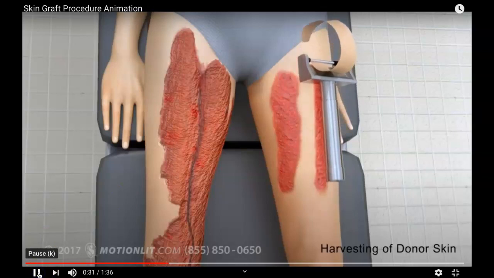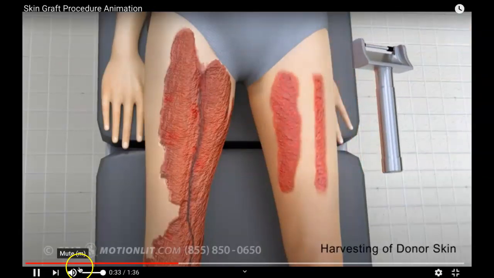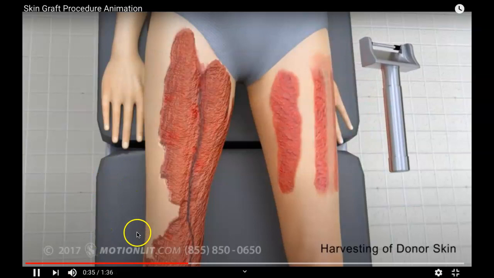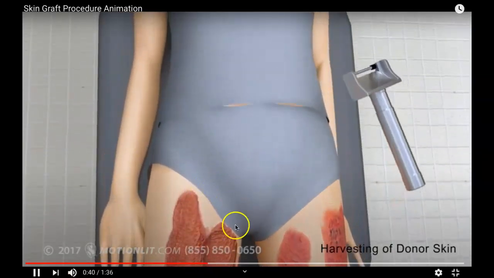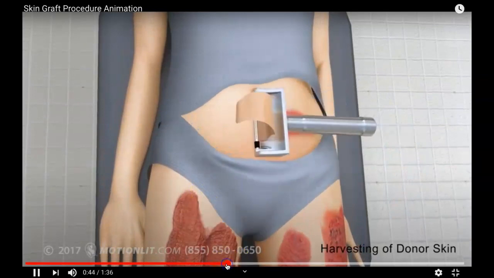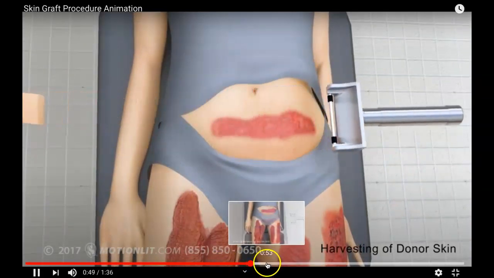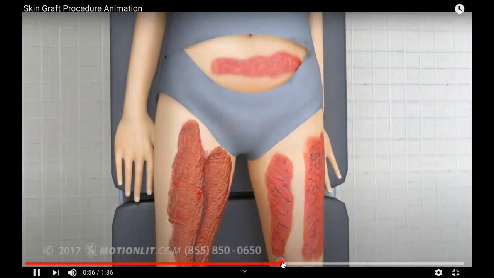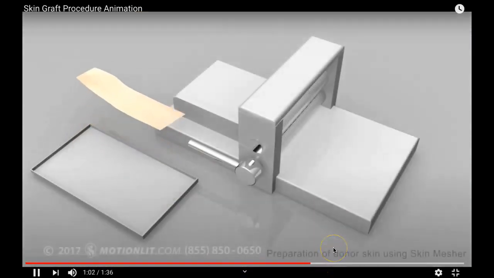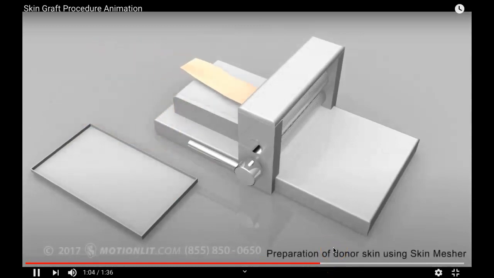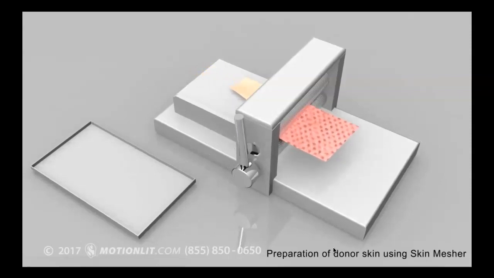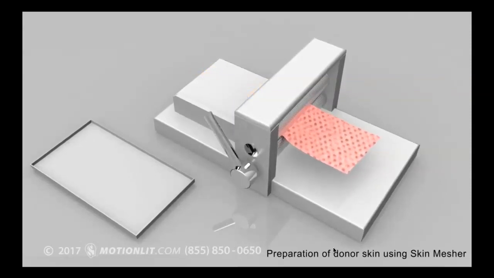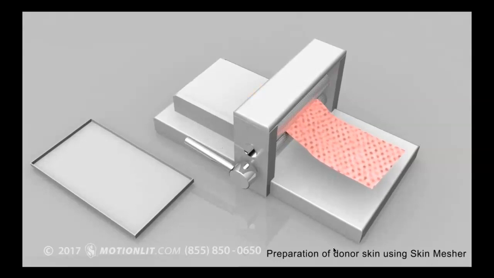They're going to peel the skin off. Then what are they going to do? Hopefully she's asleep. Okay, they're going to go to her stomach. They're going to peel some more skin off. That's probably going to cause a little bit of scarring. And then in order to maximize the amount of skin that they took off, they're going to put it through this machine that's going to poke holes in it and stretch it out.